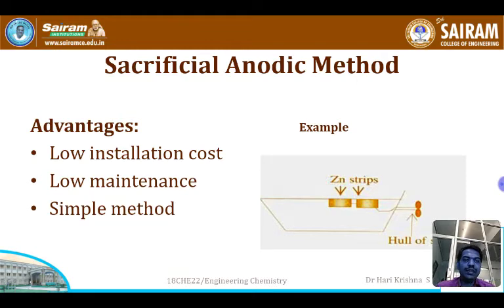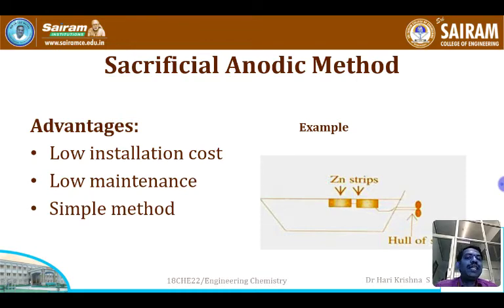We have also discussed, and you are all well aware, that since the ship is made up of iron, the rate of corrosion is very high in saline water, because the conductivity is also high in saline water. Salinity, conductivity and corrosion are directly proportional to each other.